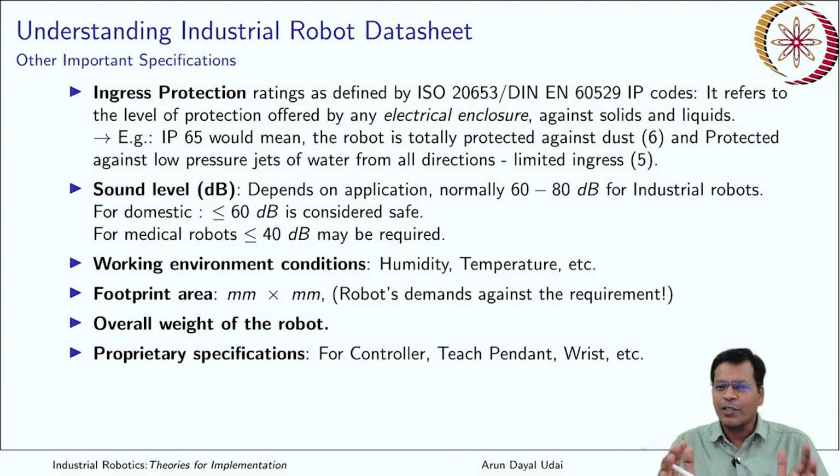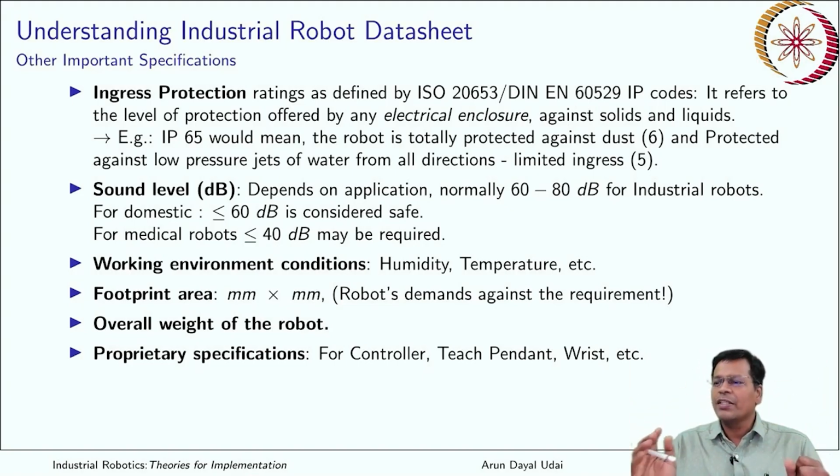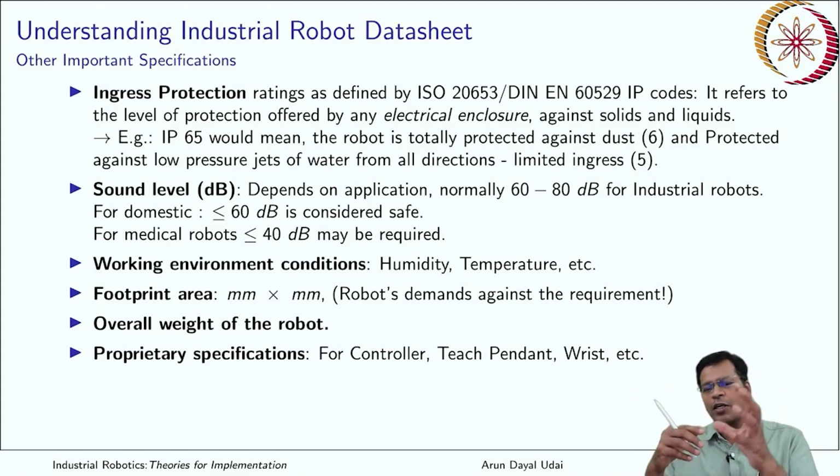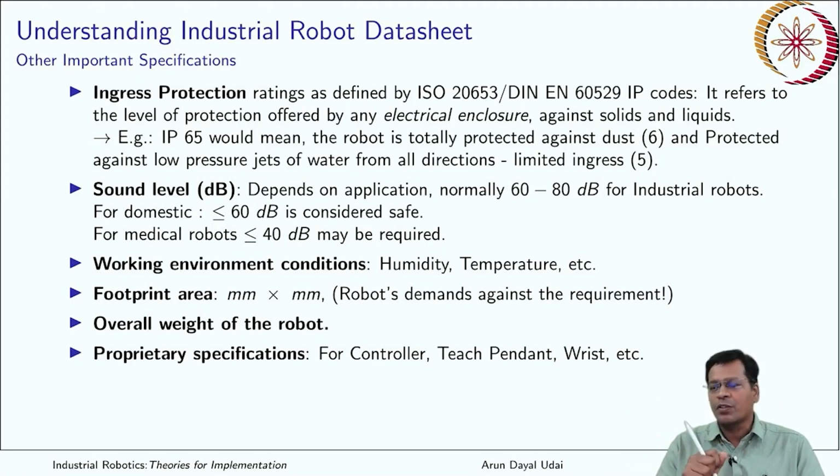So not just the robot should handle all these conditions, even the gripper should. If a robot says I am of IP65 class, but my gripper is not, what's the point? Ultimately, if you handle that kind of environment, it is going to fail. At least your gripper will fail. If your gripper fails or your tool fails, your robot has failed totally.